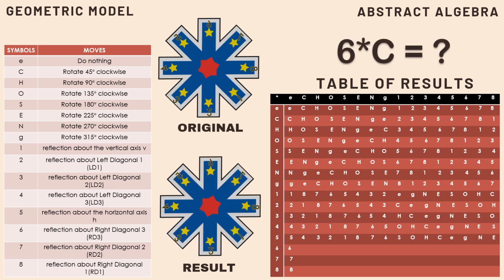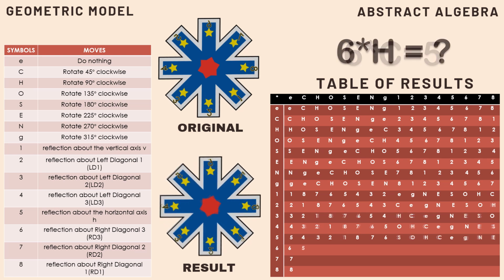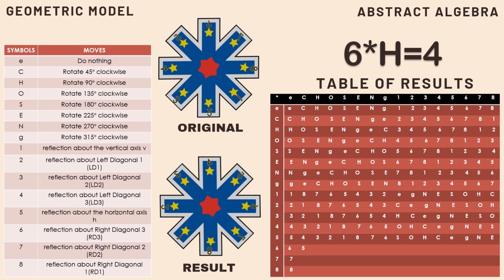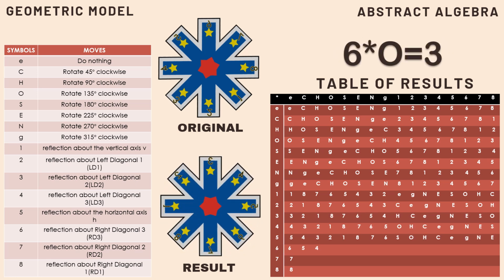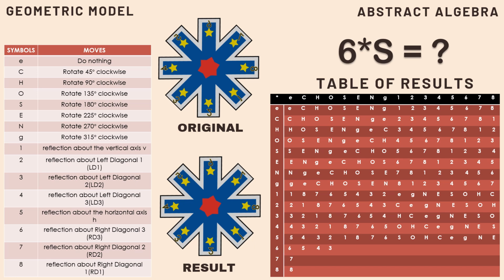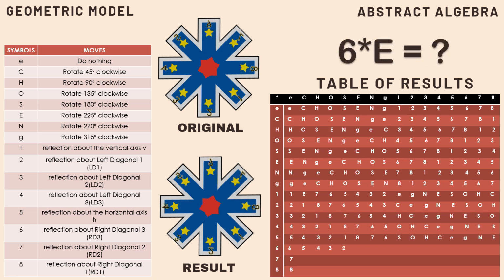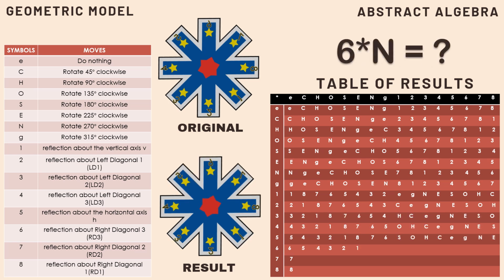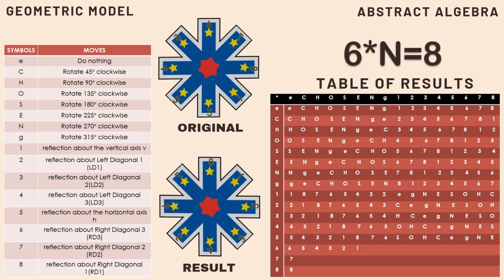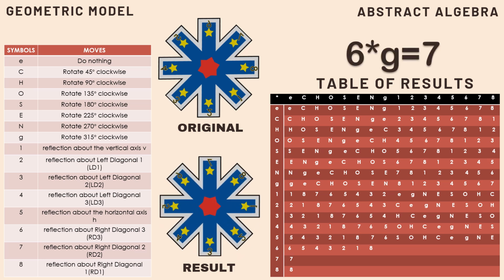Let's start with 6 star C. 6 star C is 5. 6 star H is 4. 6 star O is 3. 6 star S is 2. 6 star E is 1. 6 star N is 8. 6 star G is 7.